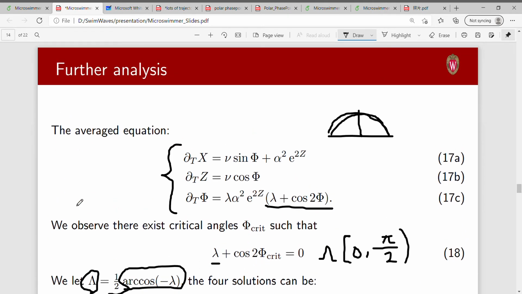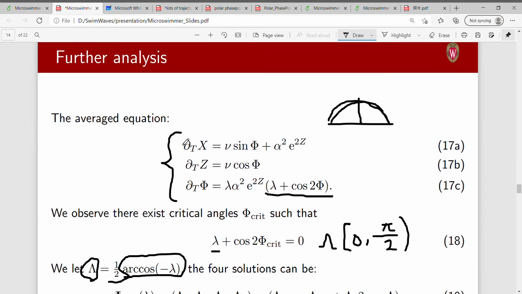And for further analysis, let's take a look back into the ODE system that we have, okay? So these two are decoupled from x, and we can see that there exists a critical angle, phi crit, such that lambda plus cosine of 2 phi crit equals 0. Okay?